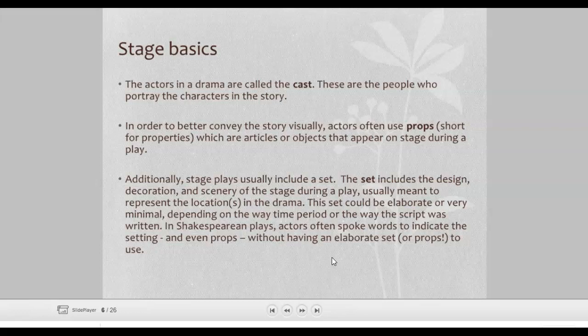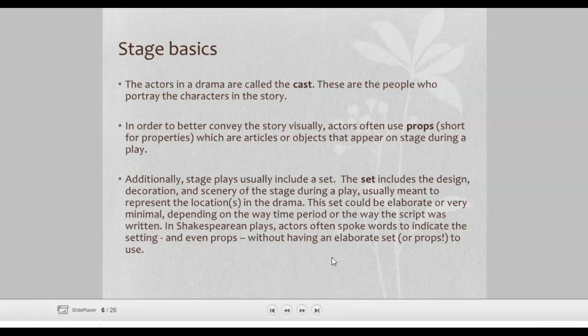In addition, you usually have a set. So that set, you have a design, different decorations. It represents a place, usually in the drama. So like we said, you might have a set that shows a playground if you're doing a drama of school, or a set of you at the store, or a set of you at the beach.